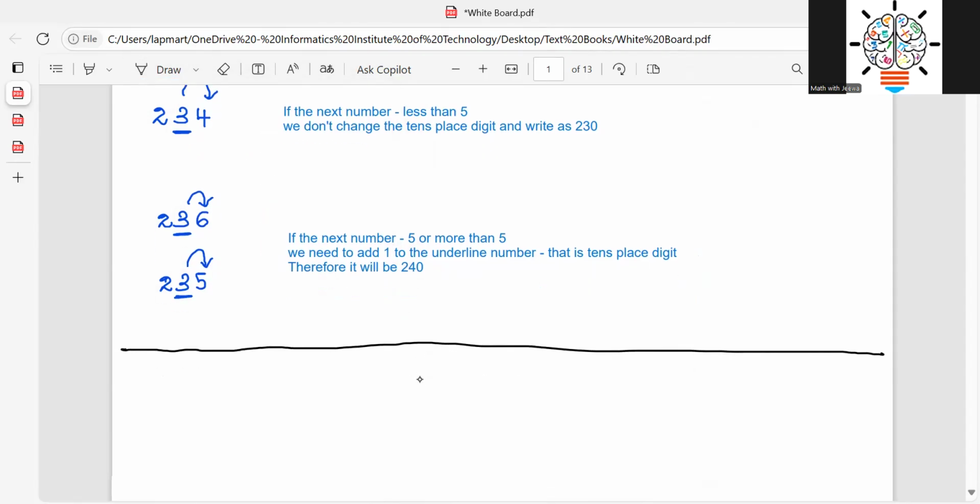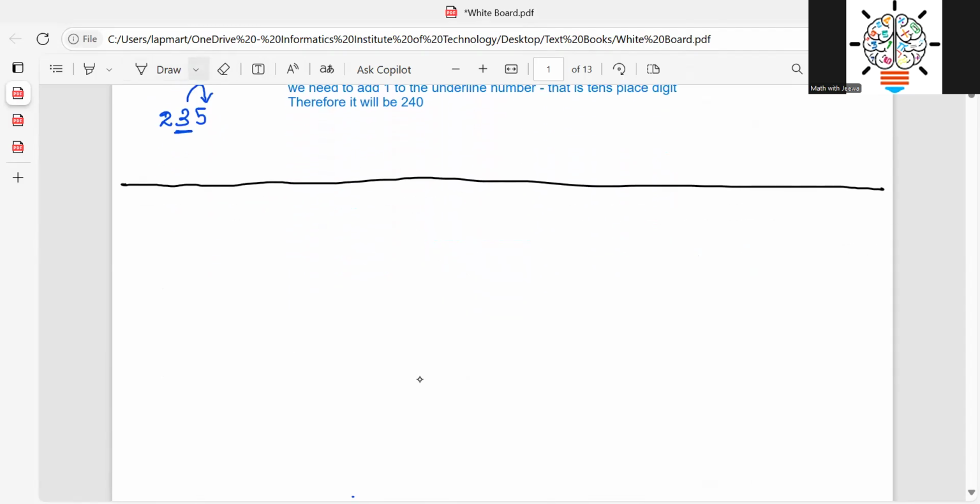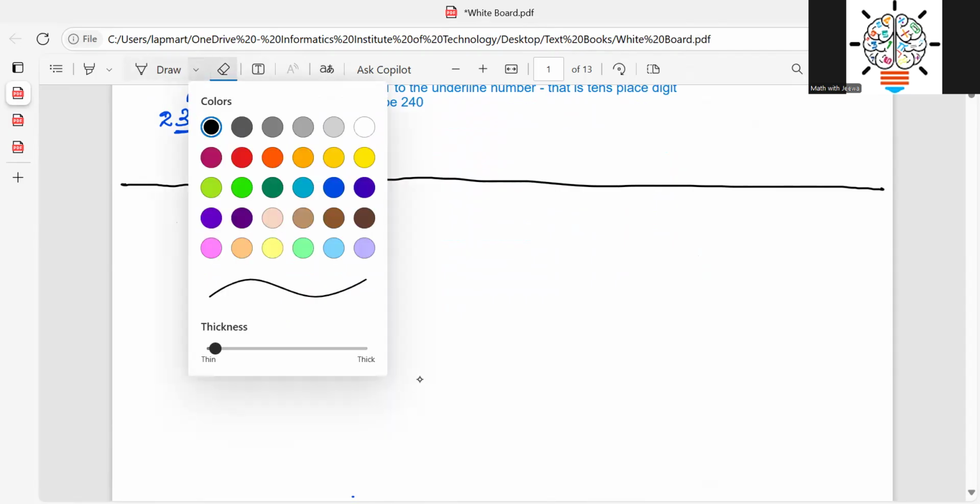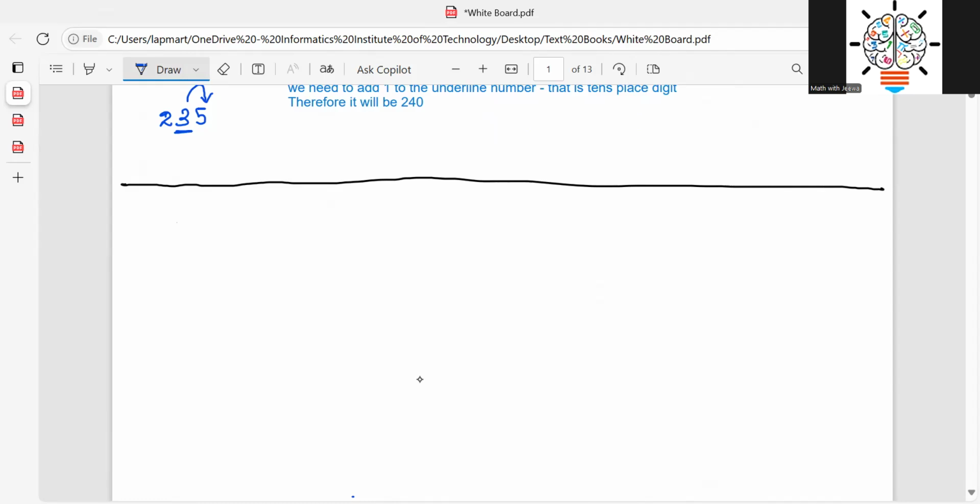Let's say we have 1583. So what is the tens place here, children? If we are taking the closer tens value, 1583, what is the tens place here? 8 is the tens place. So first you underline the tens place.